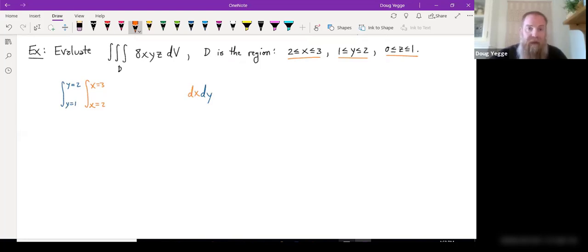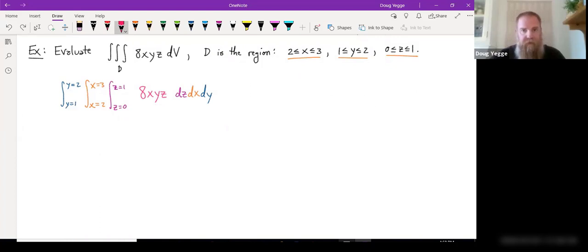But before we could do that, we would have to integrate with respect to z, from z equals 0 to z equals 1 dz. But the function that we're actually integrating is the function 8xyz. So this is a fourth dimensional function, but we're integrating it over a three-dimensional space.